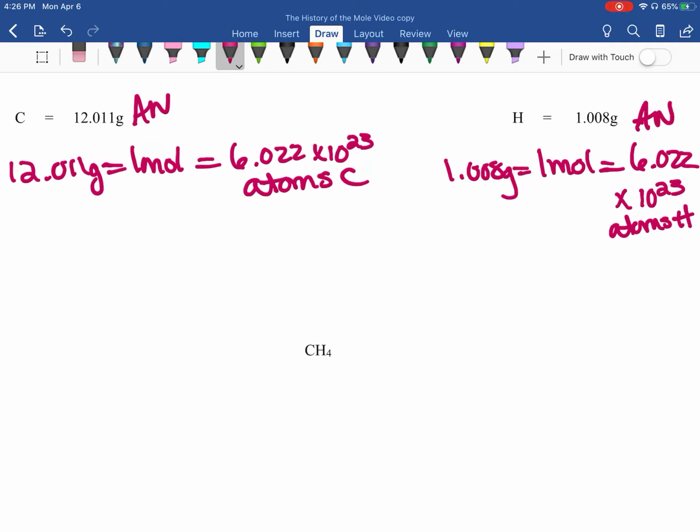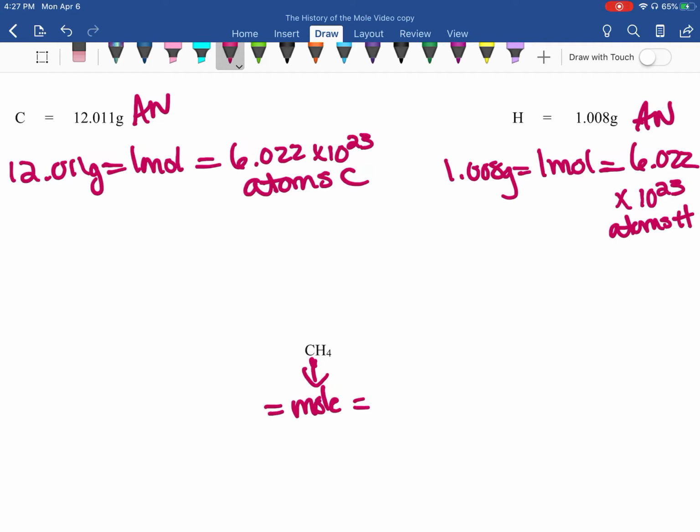Now we know from our covalent bonding that if you mix carbon and hydrogen, you're going to make methane. So now it's not 1-to-1 anymore, is it? Oh, the plot thickens. Let's see if we can figure out how this would work. Let's take our molecule, methane, and write out what we know. Let's take 1 mole of our methane.